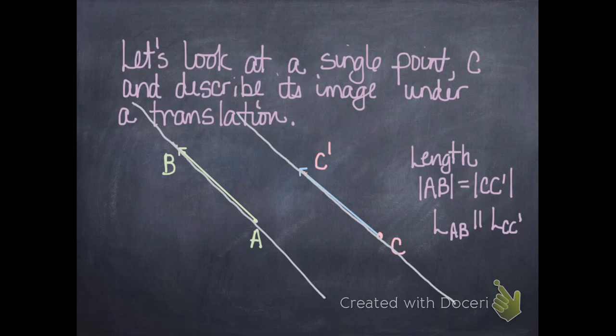And you've been noticing this as we do these translations, I think. And so that is one property of translations, that the translation vector and vectors of translated points between the original and their image are parallel lines. That's going to come in really handy when we start looking at what happens when we translate lines in the next lesson.